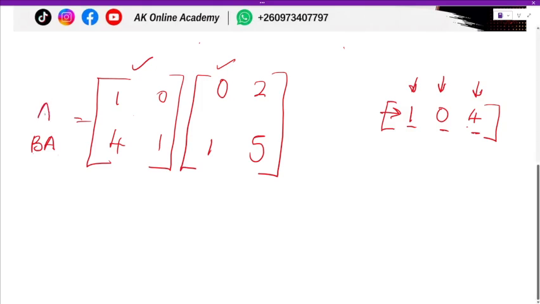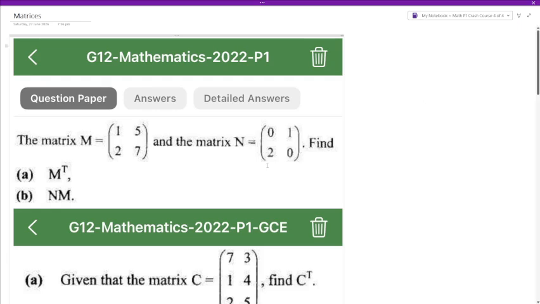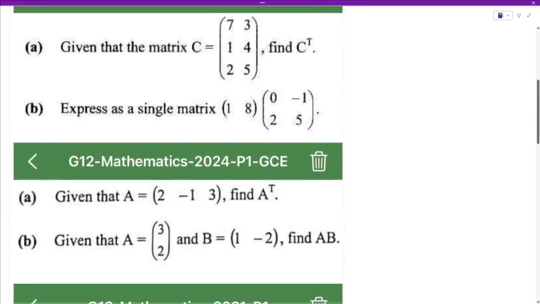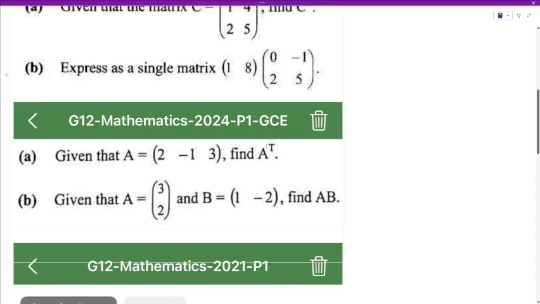I'll show you an example. Let me check. There's a question I put up that has something like that. Okay, this one here. They've actually done it before. Let me give you the general case. They've given us matrix A first, followed by matrix B, and they're asking us to find AB.